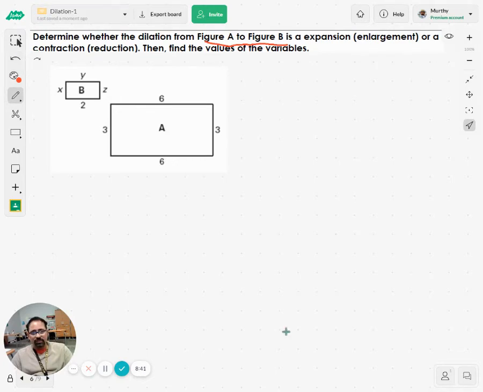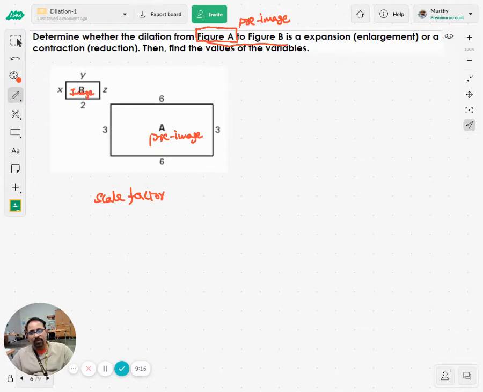reduction. So once again, just like the previous question, let me take that scale factor. You have to be careful which is the original figure. Figure A to figure B means this is the original one, or I would say the pre-image, and B is the image.